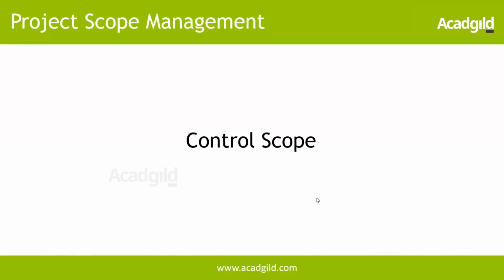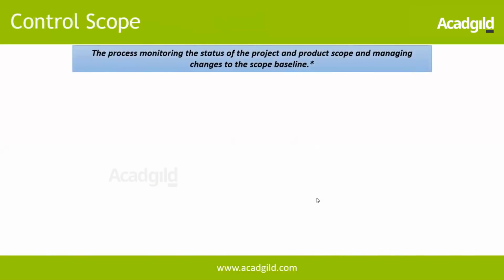So the next process in scope management is control scope. This is again part of monitoring and controlling, and it is the last process in this knowledge area. So control scope is the process of monitoring the status of the project and product scope, and managing changes to the scope baseline.